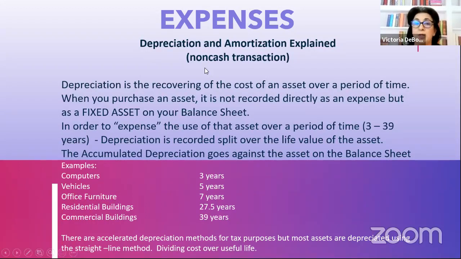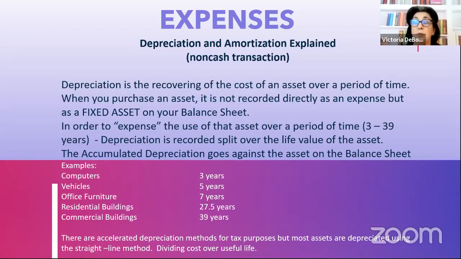So what is depreciation? It's covering the cost of an asset over a period of time. So when you purchase something, let's say it is a desk, okay, or 10 desks. Well, the IRS says that, first of all, that's a fixed asset. It is a tangible asset that will be used over a period of time.